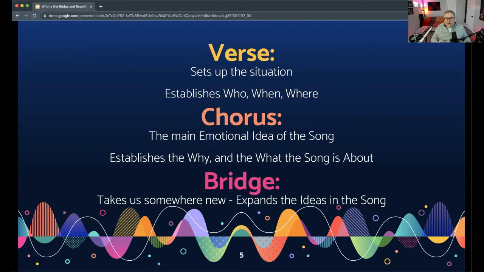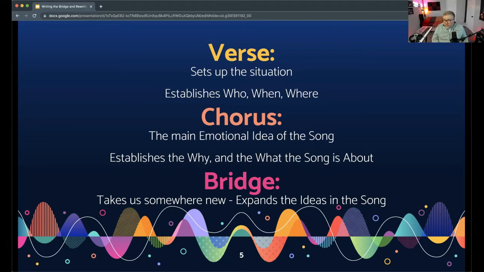They establish the who, the when, the where, and they give context to the emotional part of the song, which is the chorus. So your chorus is where a lot of times your hook lives. So it's really the main central idea of the song. And it basically tells the listener why the verses that you just told them matter. So it's really what the song is about.